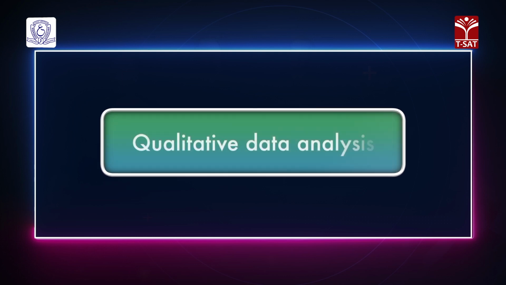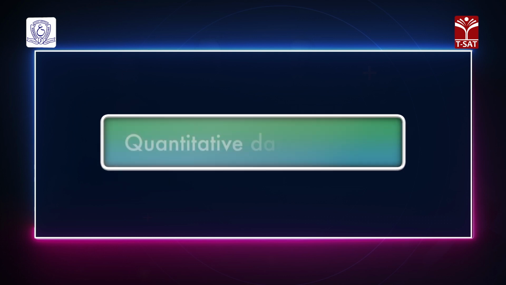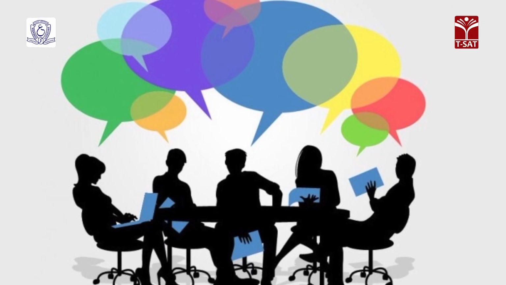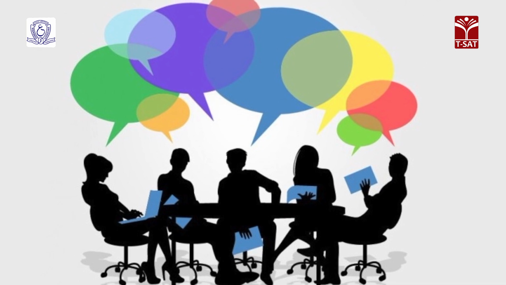There are differences between qualitative data analysis and quantitative data analysis. In qualitative research using interviews, focus groups, experiments, etc., data analysis is going to involve identifying common patterns within the responses and critically analyzing them in order to achieve research aims and objectives.